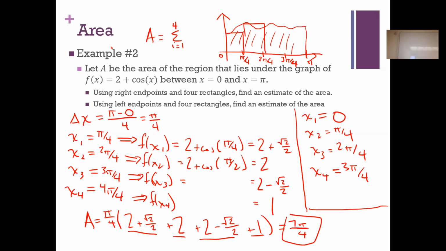Width, for the other one, it was 1 over n. This one we're calling pi over 4. How do we get these heights? By finding a list of x values and asking the function what height goes with those x values. So yeah, could you do this for any continuous function?